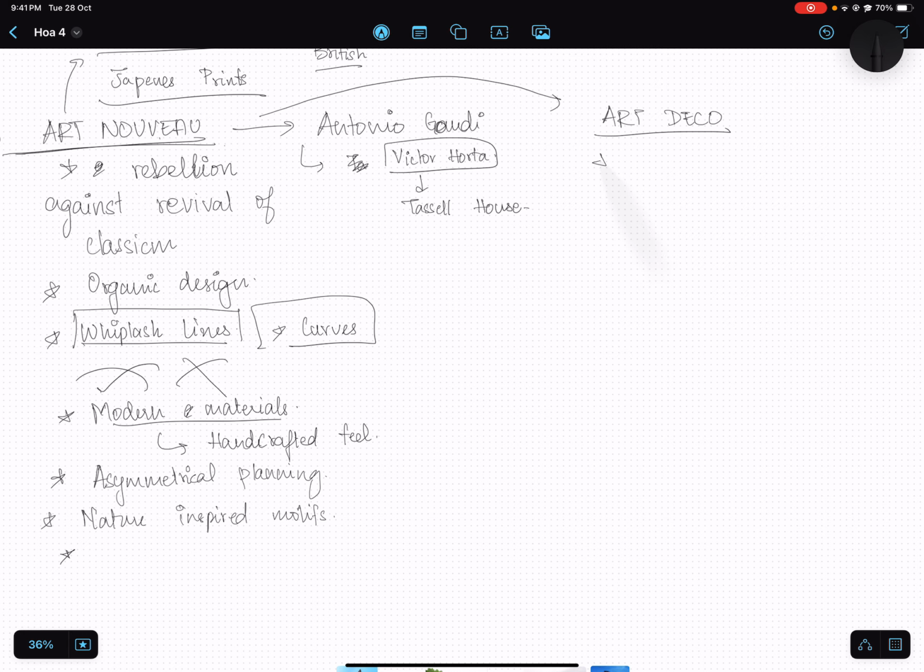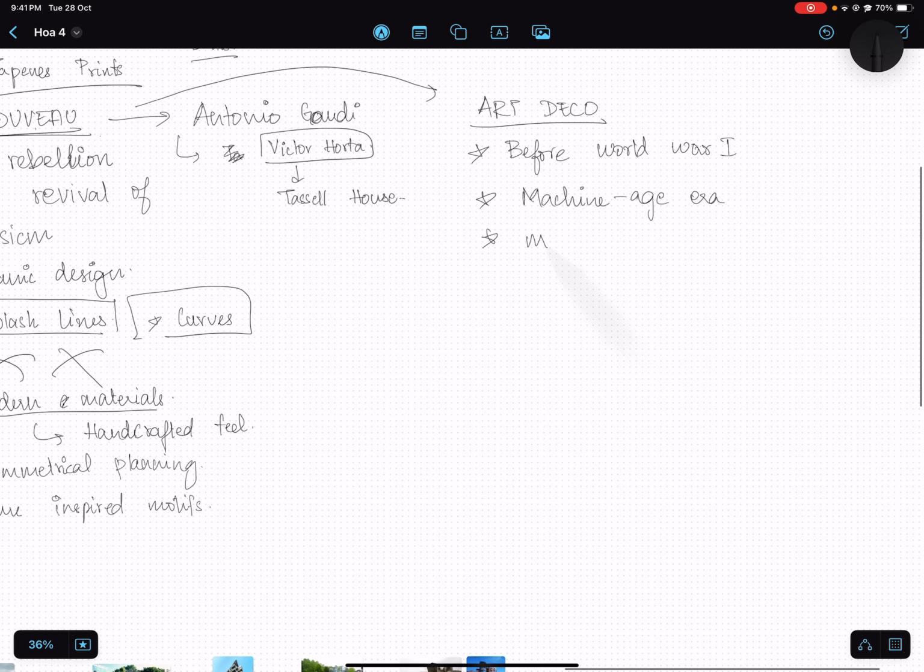So this was just before World War I. And you could call them the Machine Age era. They used a lot of modern materials. They embraced the fast-paced production of materials, and thus involved a lot of it in their designs.